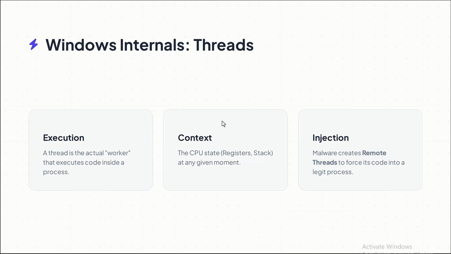That means a process without a thread is not a process. In context, it holds the CPU state, registers and stack at any given moment. And malware also creates a remote thread to force its code into a legitimate process. Okay, it's called remote thread injection.